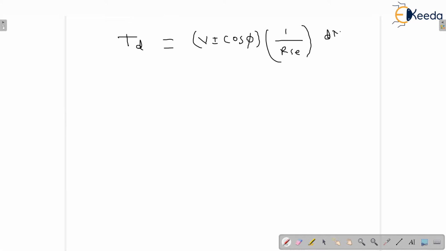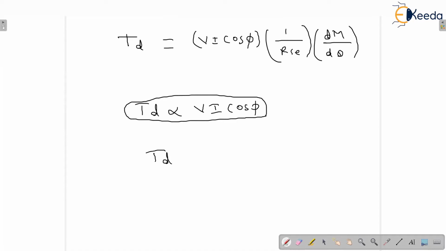So TD is equal to VI cos phi, 1 by RSC, dM by d theta. Next, TD is directly proportional to VI cos phi.